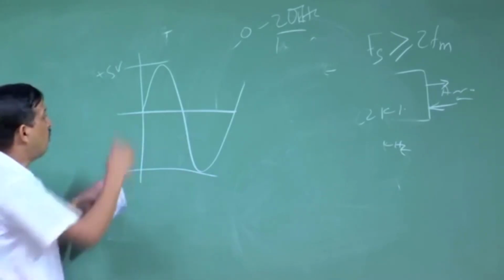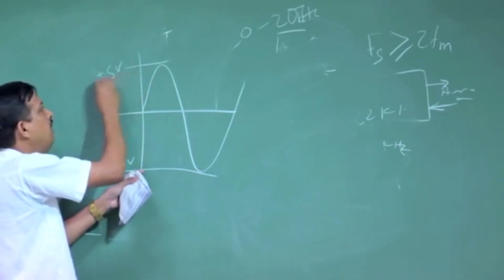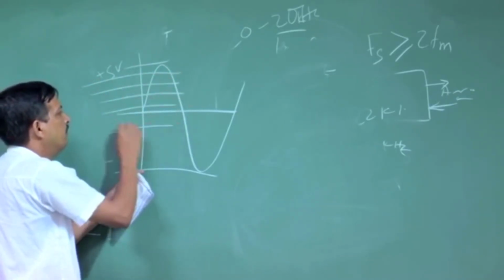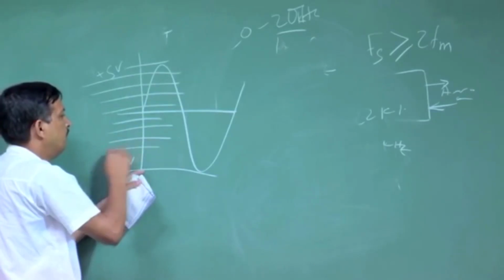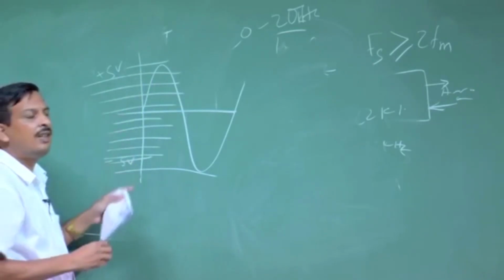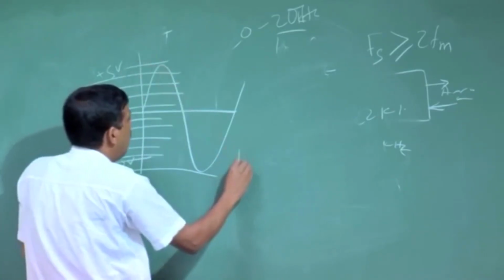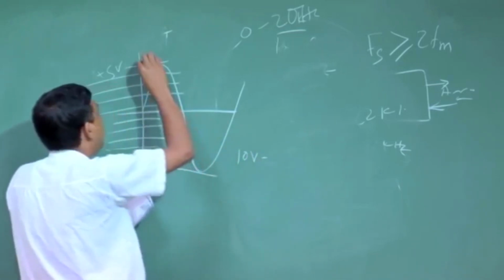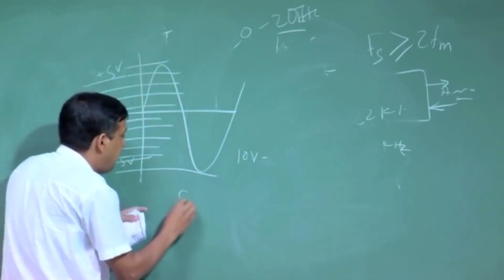Okay. So, this whole 10 volt I divided into some levels. How do we decide the levels? Let us say this whole 10 volt is represented by an 8 bit number.